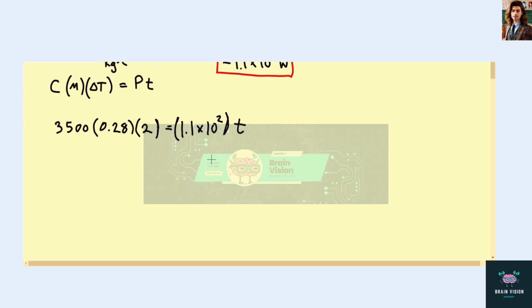How long does that power need to be applied to the leg for its temperature to change? Well, divide by the power on both sides of that equation, and we get that t is equal to about 18 seconds.